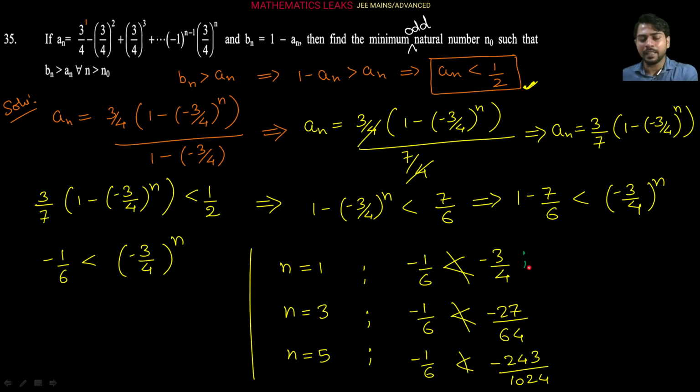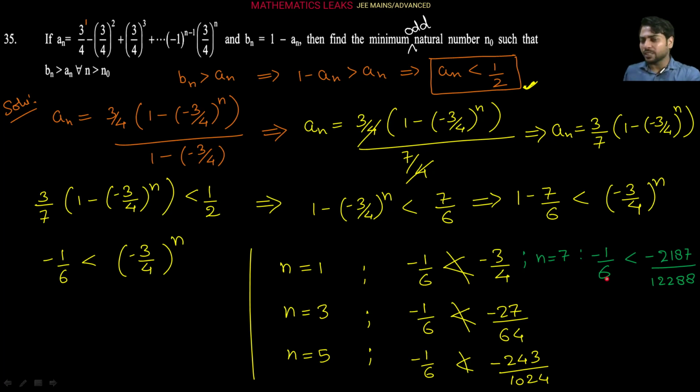And similarly n is equals to 7 when we are testing here. So on the left side it is coming here minus 1 by 6. It will be less than minus of 3 to the power 7, which is 2187 upon 4 to the power 7 when we are writing, and that value comes to 16384 for 4 to the power 7.